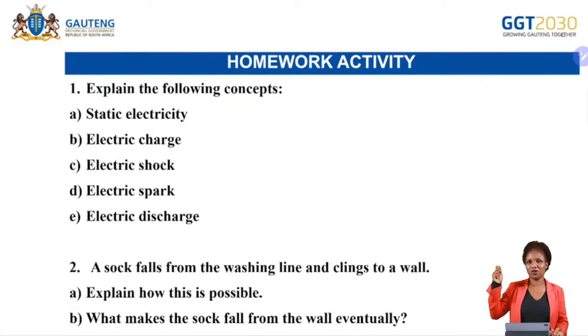Therefore, if you bring the comb closer, your hair is going to stand up. Why? Because we've got two different charges. All right? They are attracting because the comb is positively charged and your hair is negatively charged. Therefore, they will come together. They are attracting. Do you understand this, grade 8? Hope you do. Let's move on.